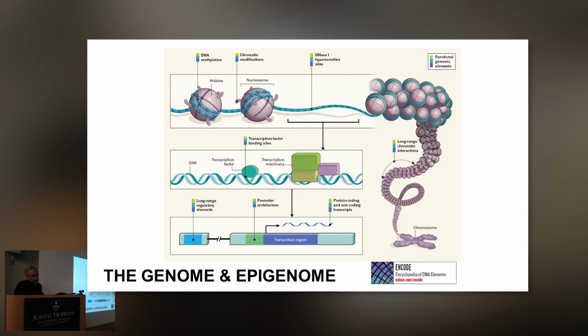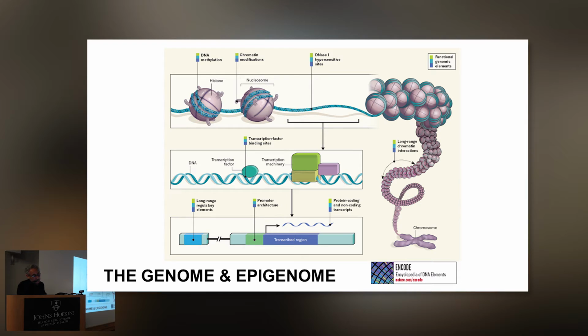So let's start with the genome. The genome provides the genetic information. This genetic information in DNA is packaged in a particular way on histones, and the histones themselves can have impacts on the expression of the genes.